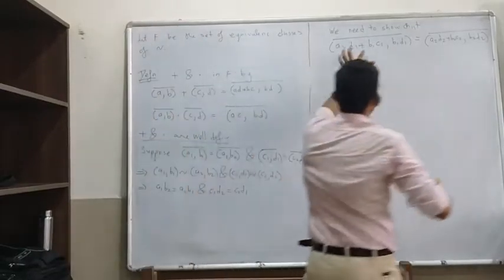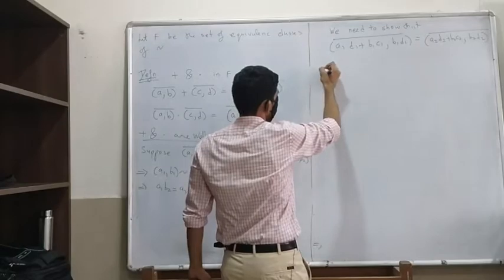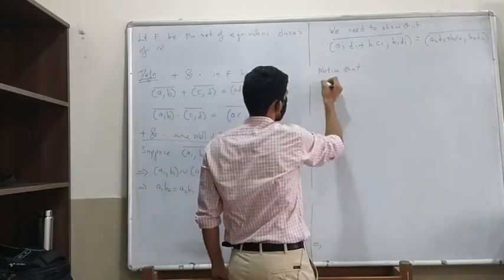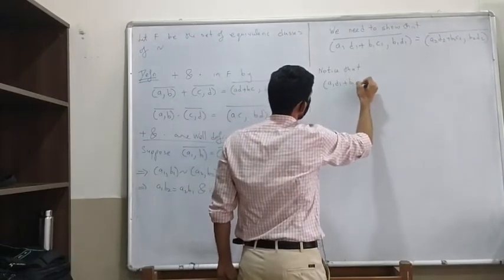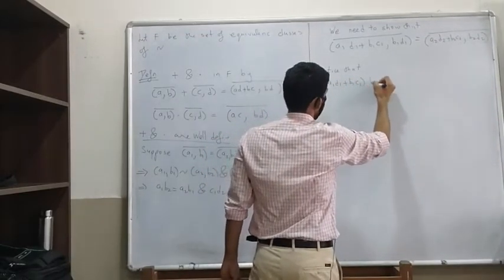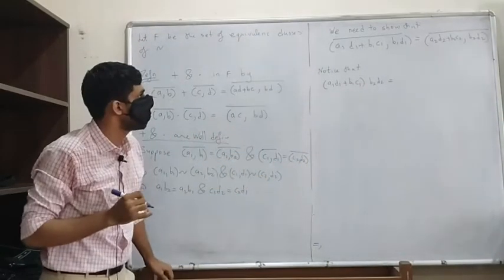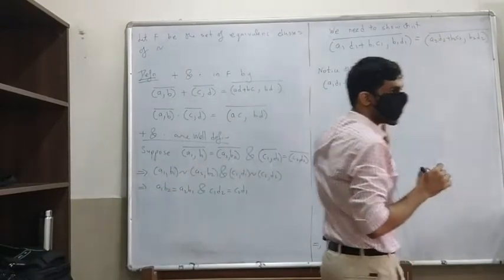So let's try. This into this gives me what? If you know what you are doing, then it is not very difficult. I need to get that, right? So how do I get that?